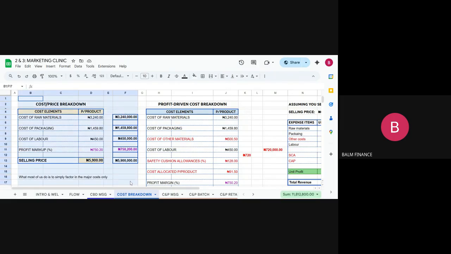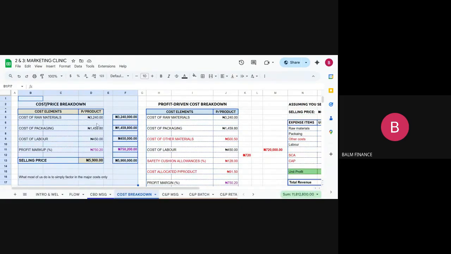Where I just highlighted, you see cost price breakdown. The element most of us usually consider when we want to price our product is we ensure that we add the cost of all the raw materials we use, the packaging, cost of labor, and we add a profit margin. So that's what you have here.